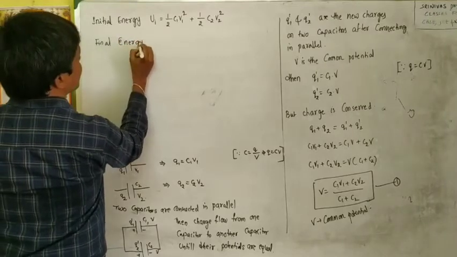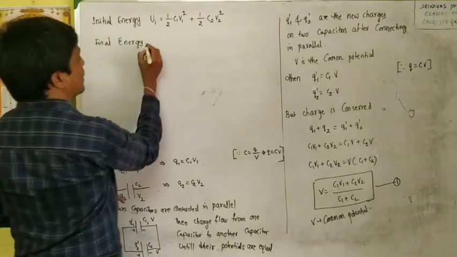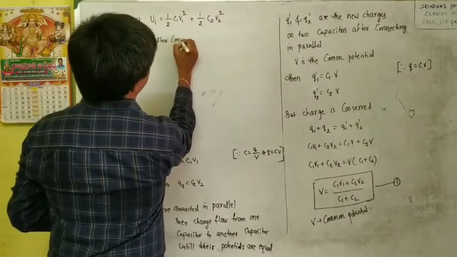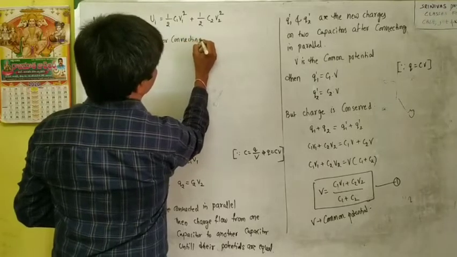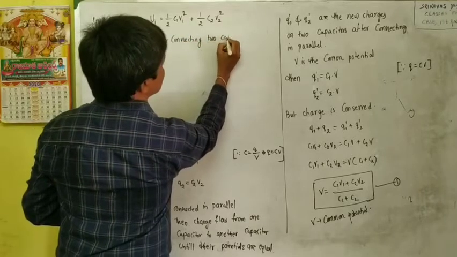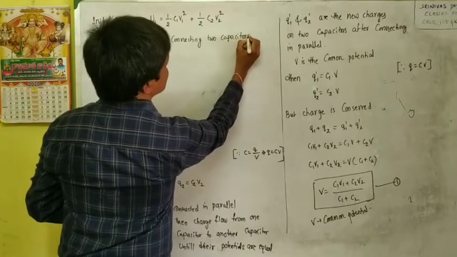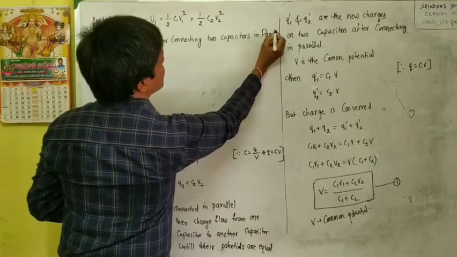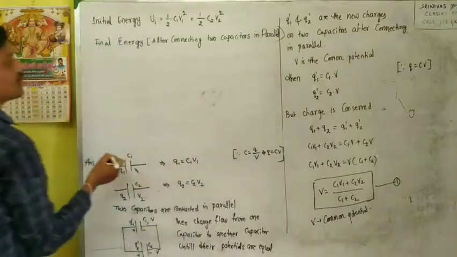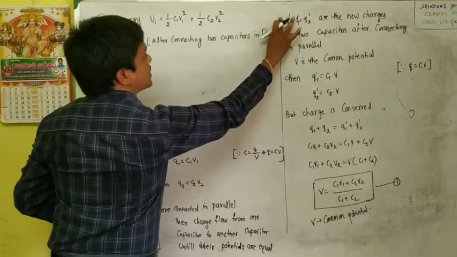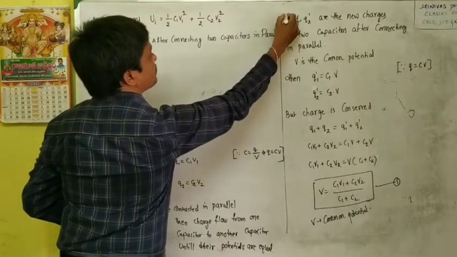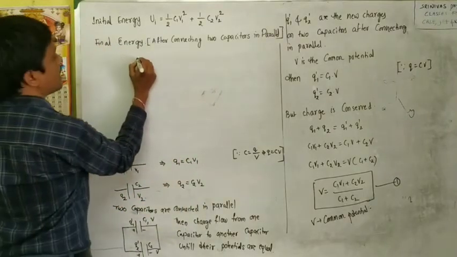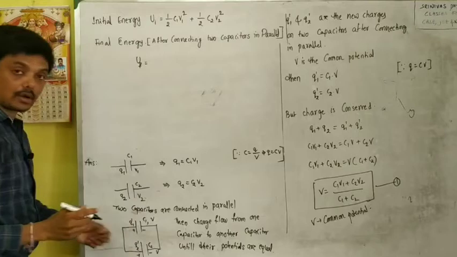Final energy is the energy after connecting the two capacitors in parallel. Now, after connecting, they acquire the common potential.